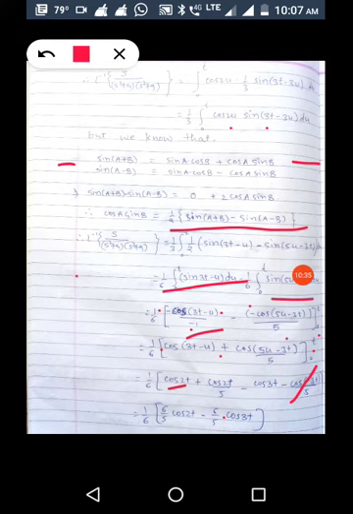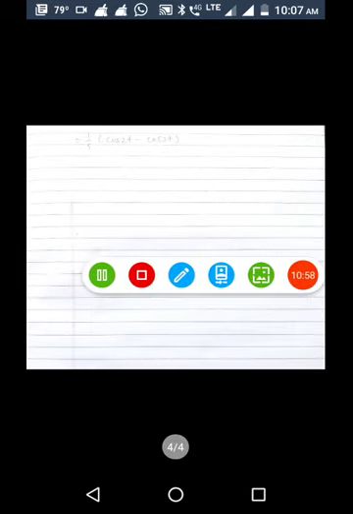Cos 2t plus cos 2t by 5 is nothing but 6 by 5 cos 2t, and along with the negative sign, cos 3t plus cos 3t by 5 is nothing but 6 by 5 cos 3t. If you take 6 by 5 common, then the rest is in front of you, and that will be 1 by 5 [cos 2t minus cos 3t]. So this is the final answer.